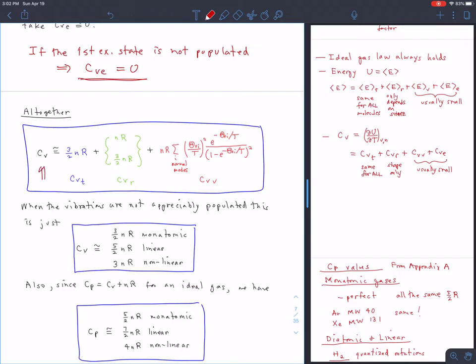The total heat capacity for a diatomic molecule is a translational contribution, a rotational contribution, and a vibrational contribution. And there's also, in principle, an electronic contribution, but I've set that to 0. It happens so rarely that I've just ignored it here.